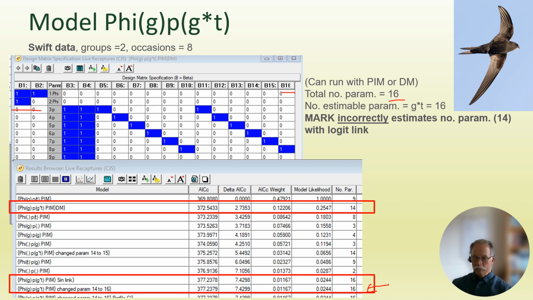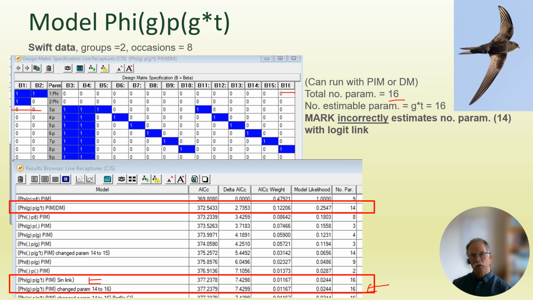And so this is a case where, if Mark is estimating things incorrectly, it can really bump that model up and make it seem like it's a great model when in fact it's not. The other thing that you'll notice, I don't know if you can see here, but if I run this model using the sin link, using the PIM structure, it also correctly estimates the number of parameters.